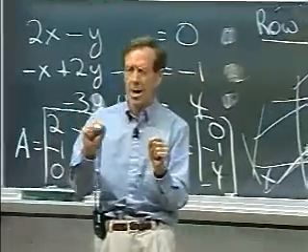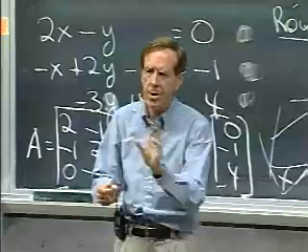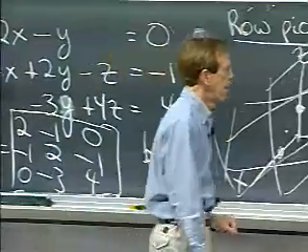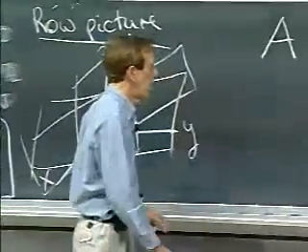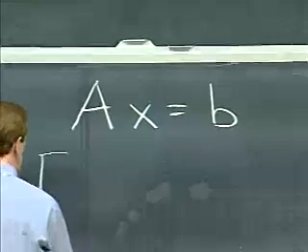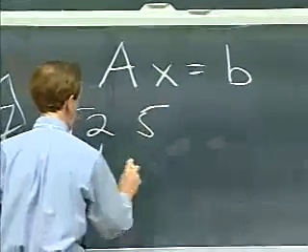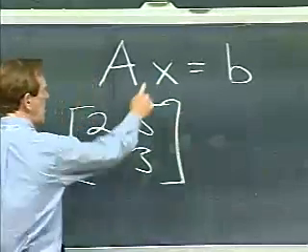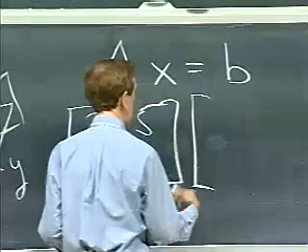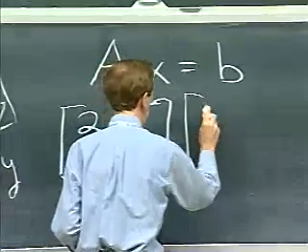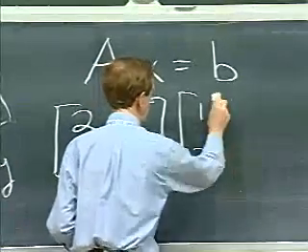And I just want to say, how do you multiply a matrix by a vector? Okay, so I'm just going to create a matrix. Let me take 2, 5, 1, 3. And let me take a vector X to be, say, 1 and 2.